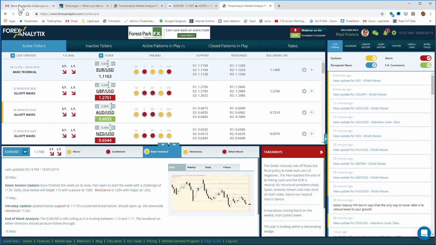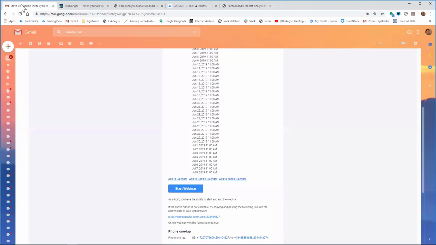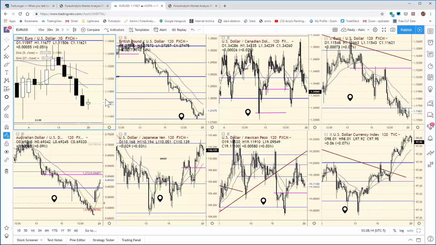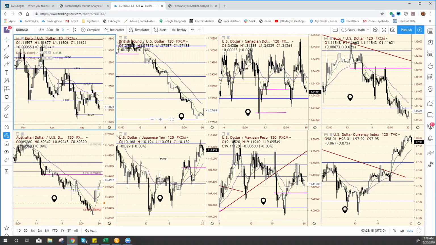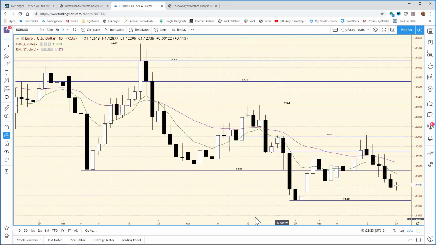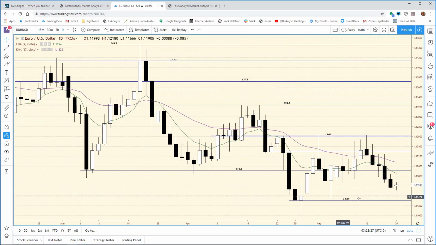So the level to look at right now is going to be 1.1130.